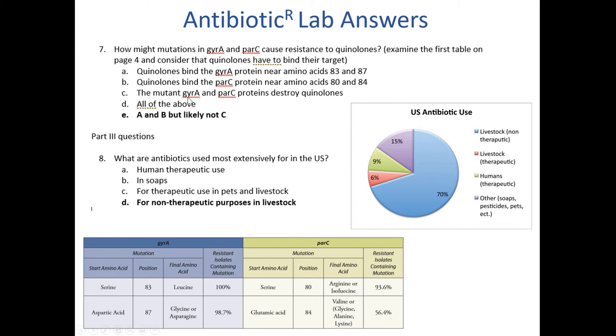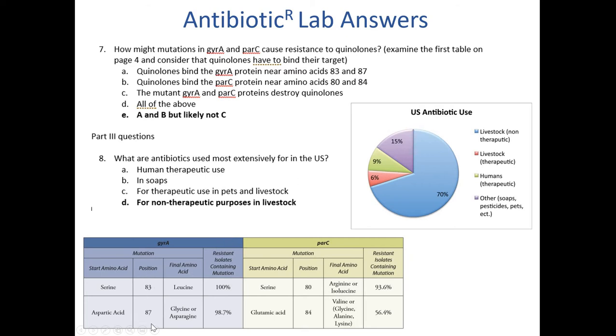Okay, number 7, how might mutations in these two bacterial proteins, GIR-A and PAR-C, cause resistance to quinolones? This came from this table down here in the bottom left, GIR-A and PAR-C. What you see is that they're finding mutations in certain amino acid positions of either protein. So the answers are that quinolones bind the GIR-A protein near amino acids 83 and 87.